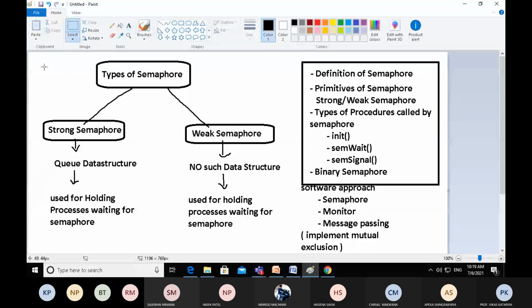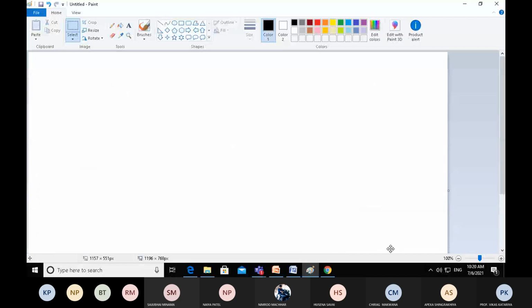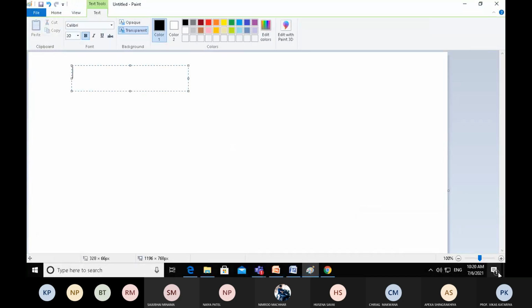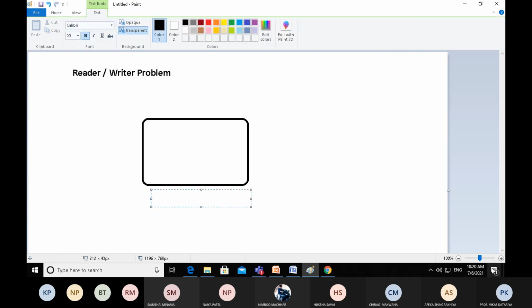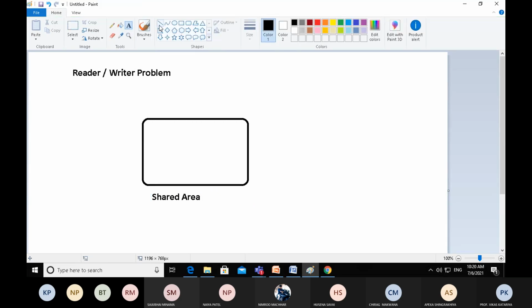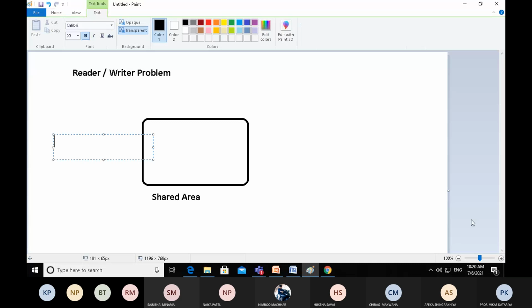Let's design it. The topic we are dealing with in this session is the reader writer problem. In the reader writer problem, there is a shared data structure, you can say a shared area, and there are two processes.